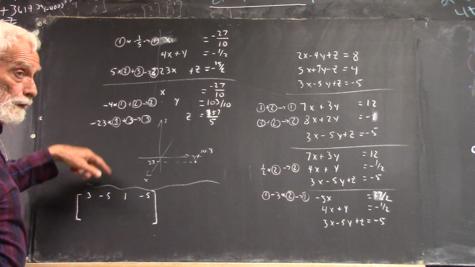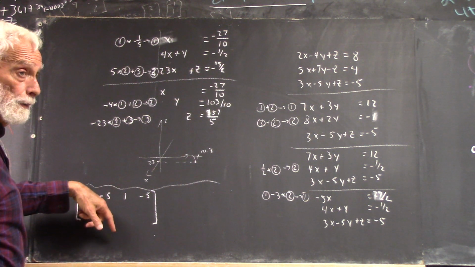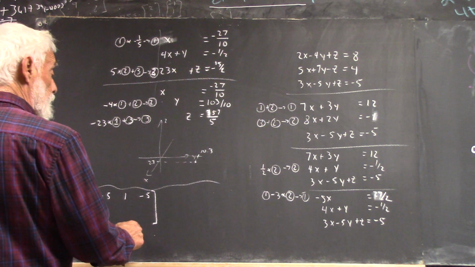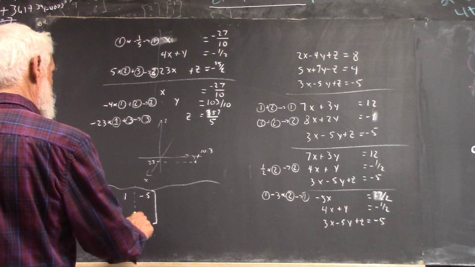First column is the coefficient of x, second column is the coefficient of y, third column is the coefficient of z. On the other side is what they're equal to, and sometimes we put a dotted line there.